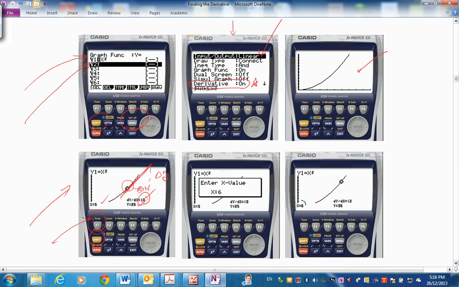Then we could enter a different x value. X is 6, just hit 6, and it will give you the next one over here, in this final window. X is 6, y is 36, because it's x squared, 6 squared is 36, and the derivative is 12.